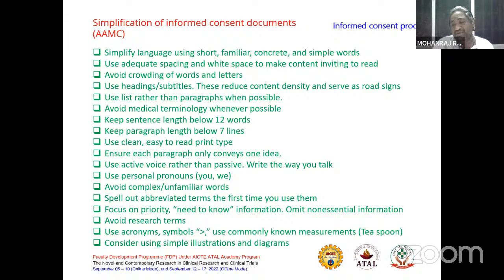Wherever possible, use household terminology of measurement like teaspoon and tablespoon, not ounce or ml. If you are not able to give the information in a paragraph of 7 lines, each having 12 words, a better way is to present it schematically with a graph, illustration, or diagram.